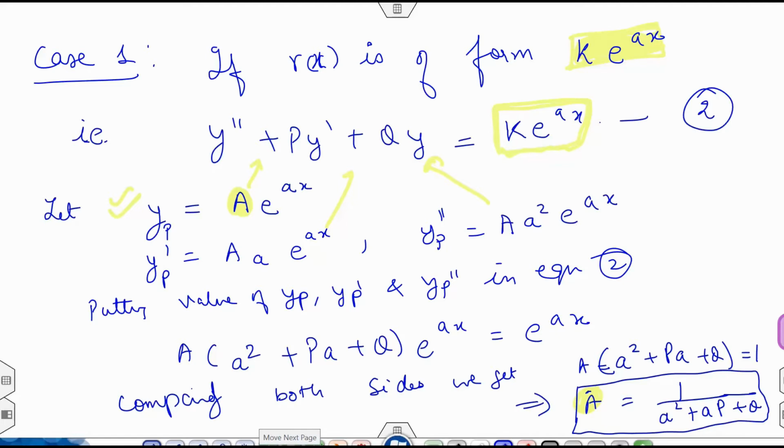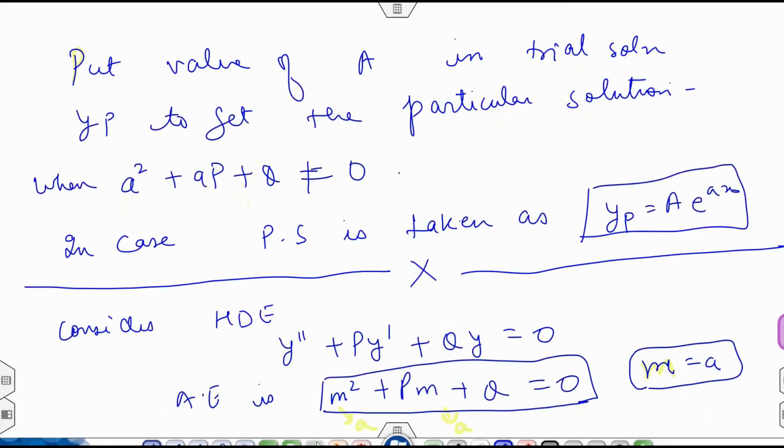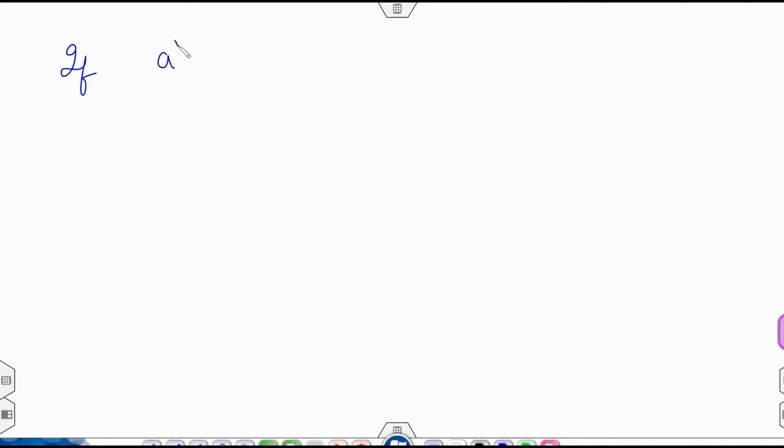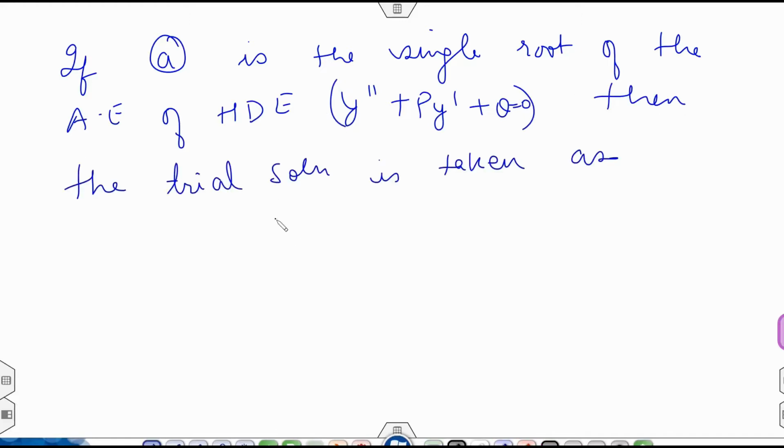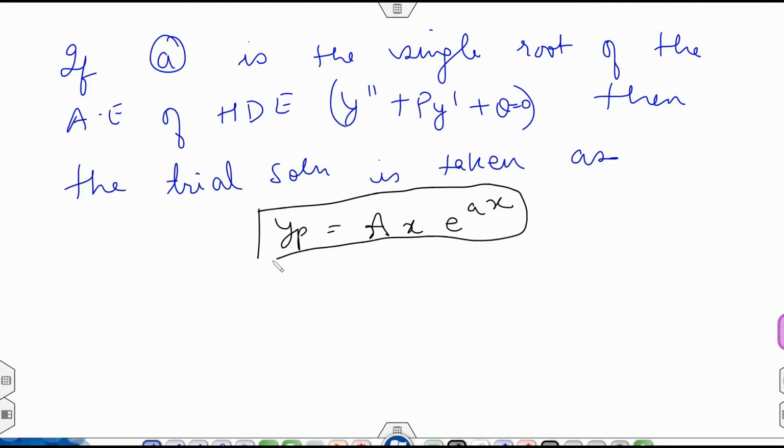So in that case, if a is a single root, you will choose the trial solution as x into e to the power ax. So I'll write down, if a is the single root of the auxiliary equation of the homogeneous differential equation y double dash plus py dash plus q equal to 0, then the trial solution yp is taken as a into x e to the power ax, because you have seen that in that case you cannot determine a.